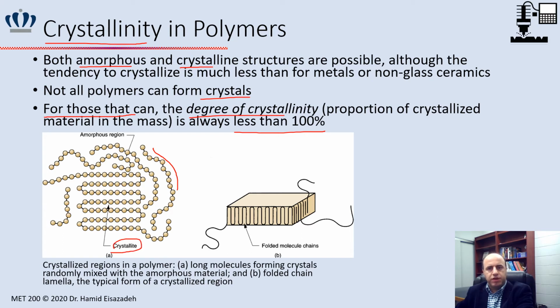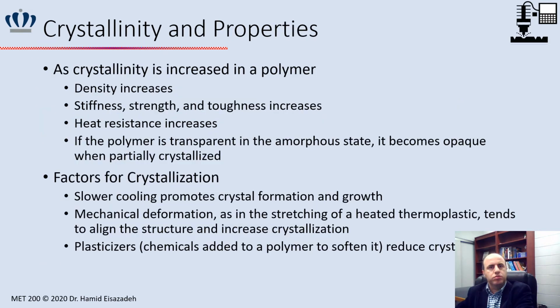This is one example, as you see. And this area where we have crystal structure is called crystallite. And actually, these crystallites can take the form of lamella, as you see here in this picture. They are mixed in amorphous materials. Some part is crystallite, and some parts are amorphous.